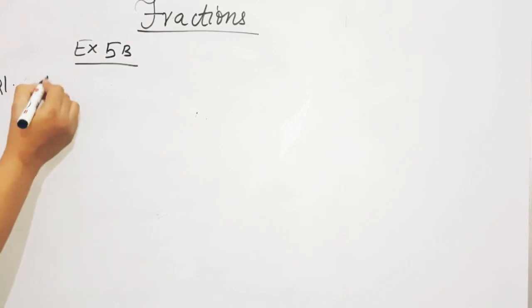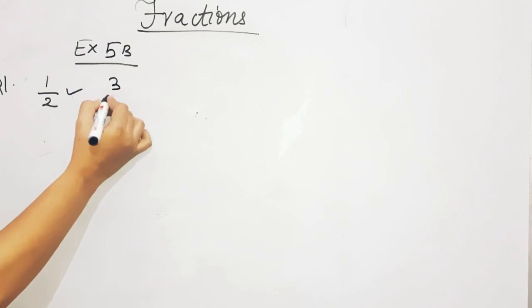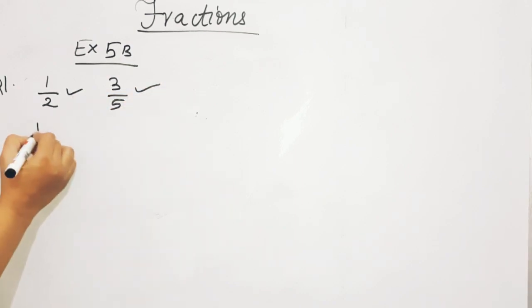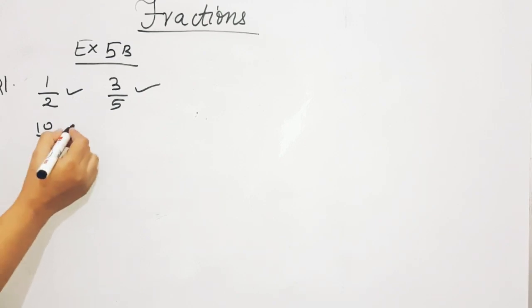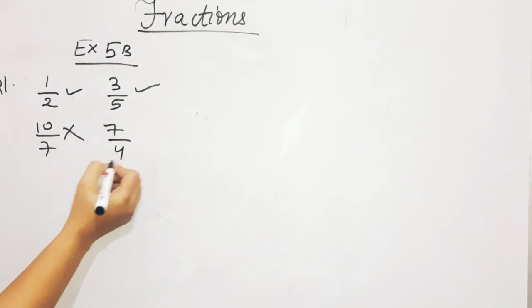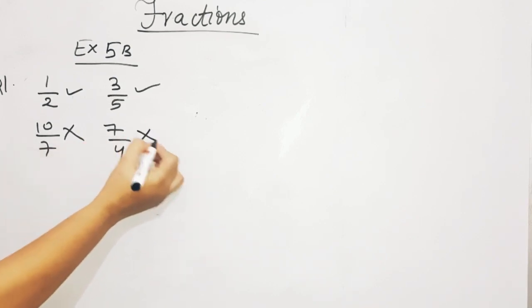So 1/2. The numerator is less than the denominator. That means it is a proper fraction. 3/5. The numerator is less than the denominator. It's a proper fraction. Now next, 10/7. The numerator is greater than the denominator. It's not a proper fraction. It is an improper fraction. 7/4. The numerator is greater than the denominator. Again it's an improper fraction.